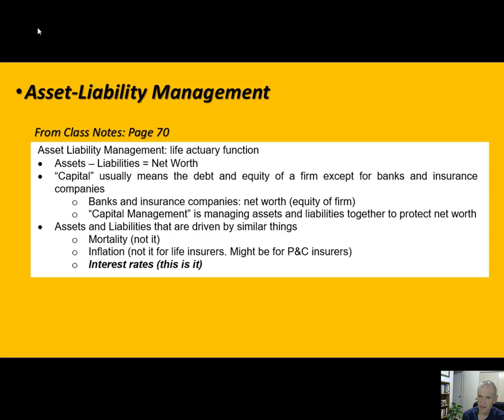Now, property and casualty companies, inflation does affect both the assets and liabilities, not in a way that's predictable and easy to follow, but property and casualty companies do make investments in assets that they believe will help protect them from inflation. Most importantly, P&C companies buy a lot of common stock, where life insurance companies do not.